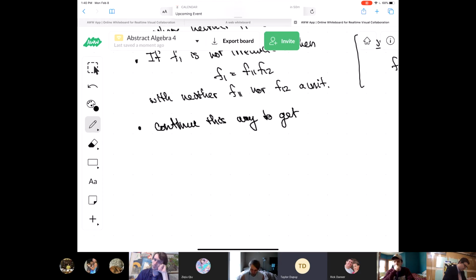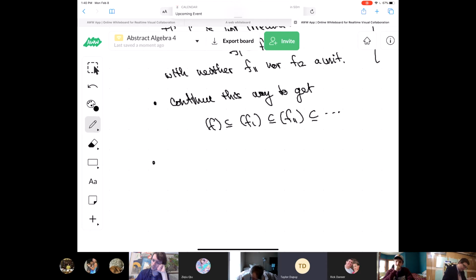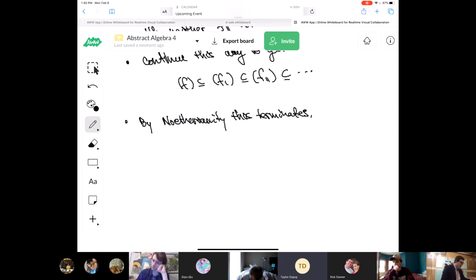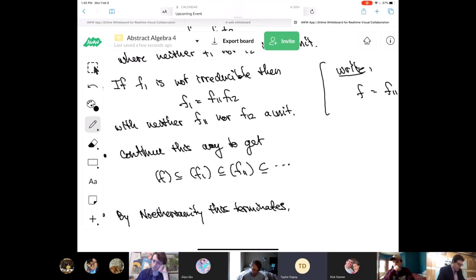And then we continue in this process to get f contained in f1, contained in f11, and it would keep going like this. And so by Noetherianity, this terminates. Eventually you're going to get to an irreducible element, at least for the f1 term.